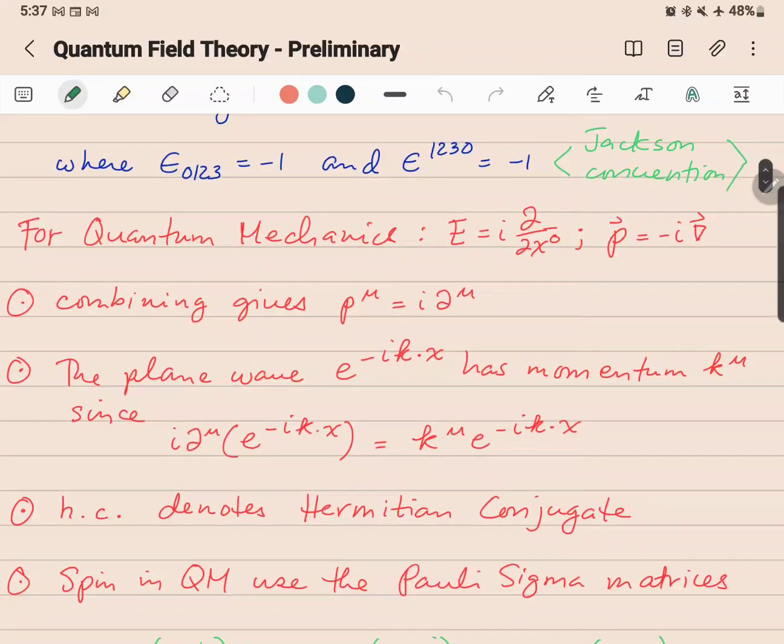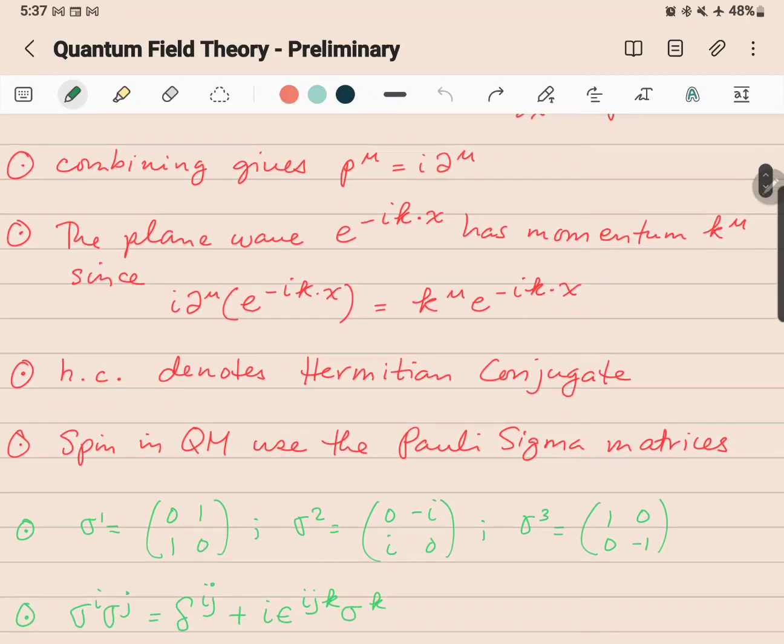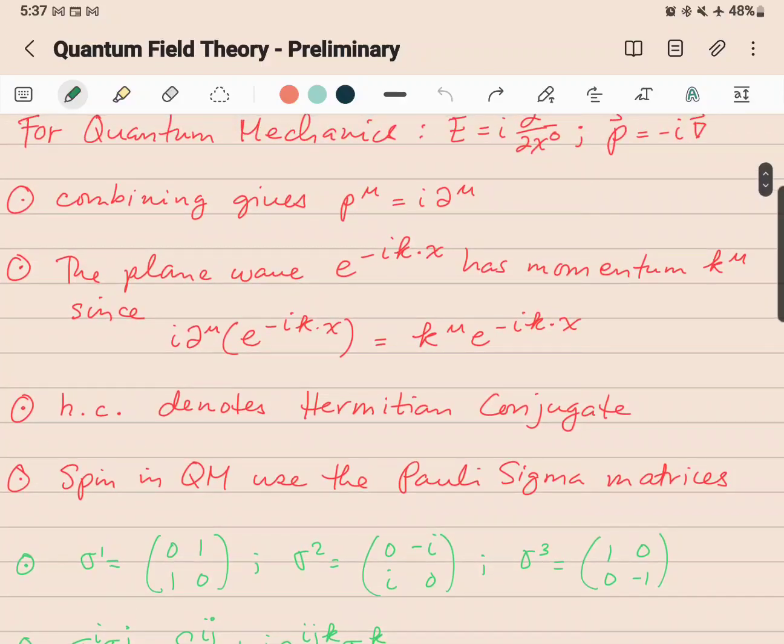So if you combine the two in quantum mechanics, you have the four-momentum of a particular system that you are operating on, p^μ. And if you will encounter the plane wave, of course this is also the exponential of negative i k dot x, and the momentum k^μ is dotted to the x_μ.